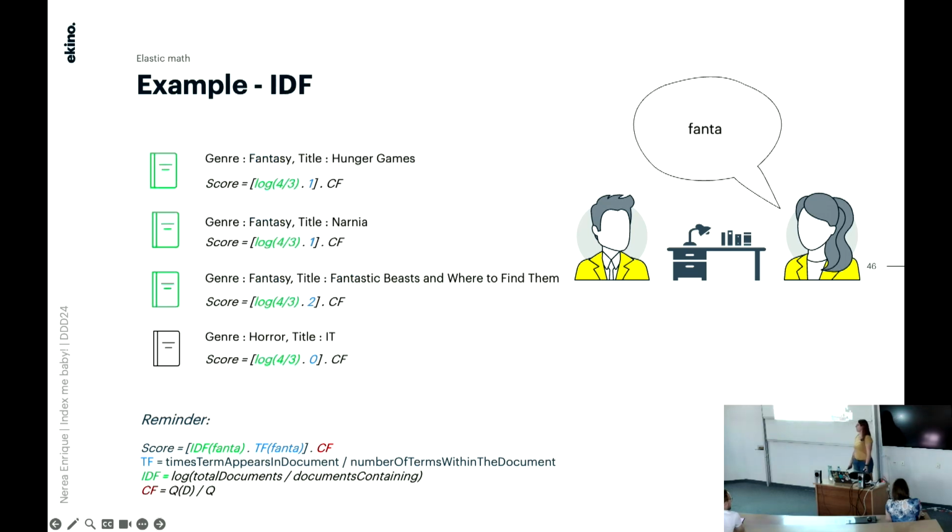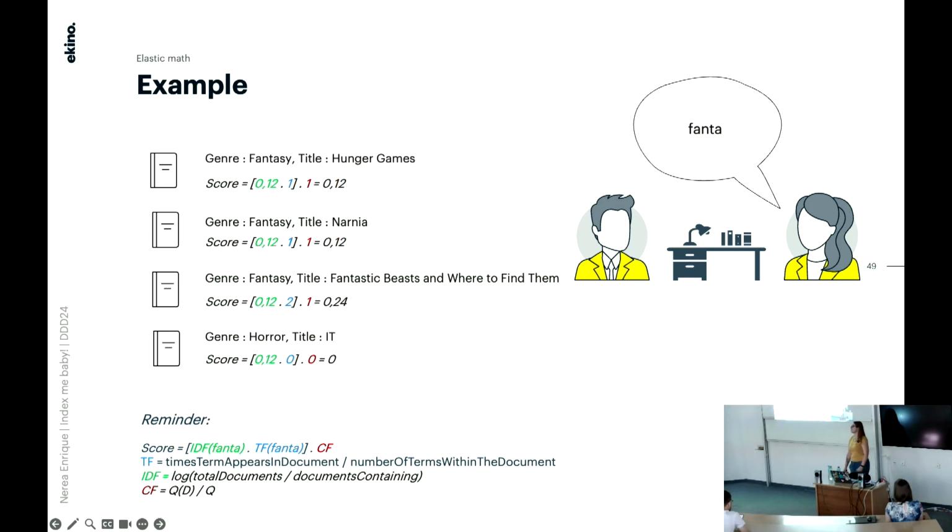We can go with the inverted document frequency. And from my 4 books on my shelf, I have 3 that contain the term of the query. So it's easy to compute this one. And the last one is going to be the coordination factor. So I have only 1 word in my query. It's easy, binary, 1 or 0.